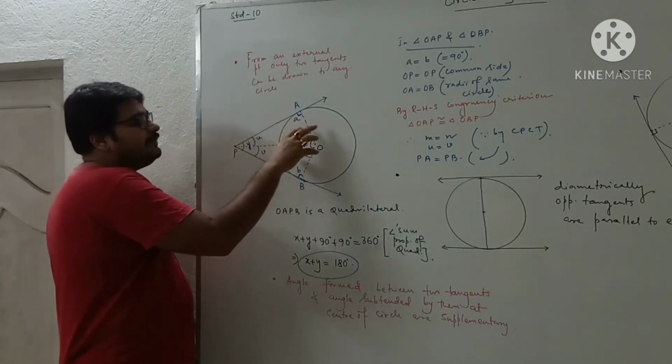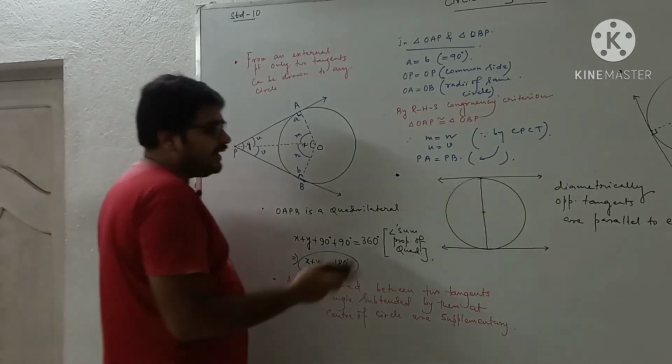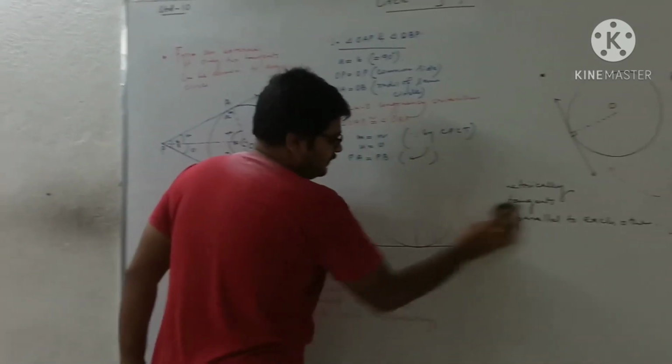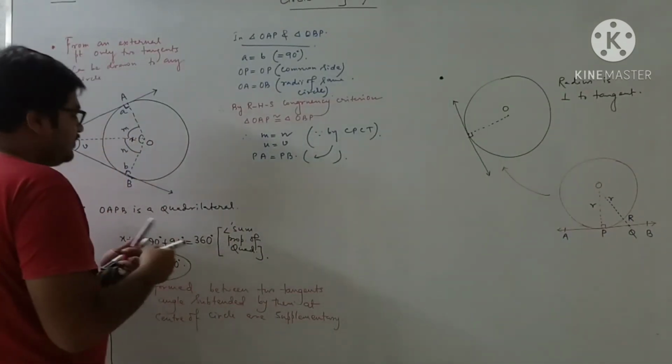and the angle subtended by the two tangents at the center. So that property we can write here. So we can mention the property.